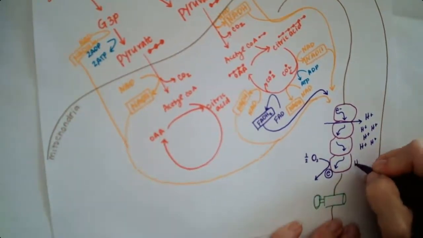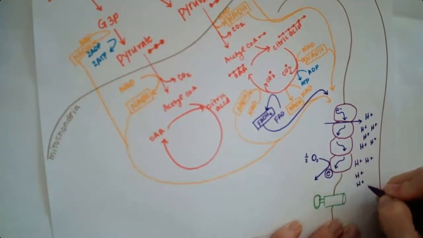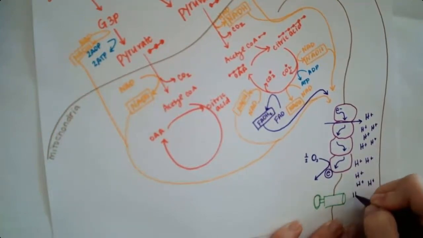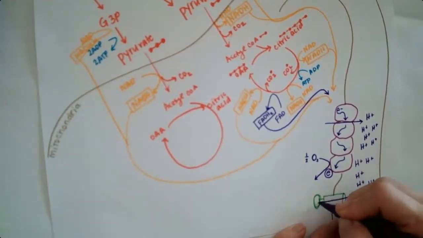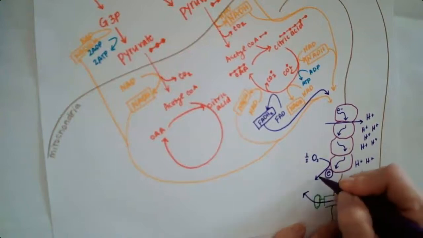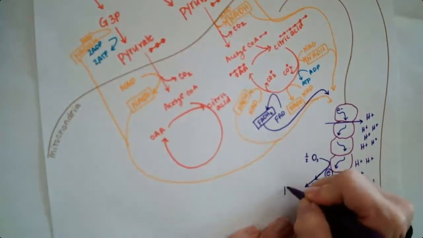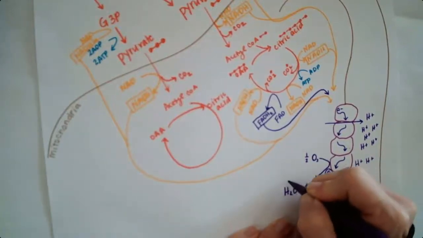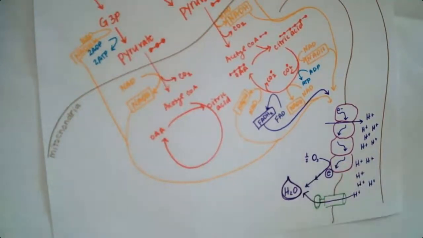And as these protons build up, we're going to use the energy for one of them coming through, joining up with this electron and half of an oxygen, and we end up with H2O, which is one of our main products of cellular respiration.